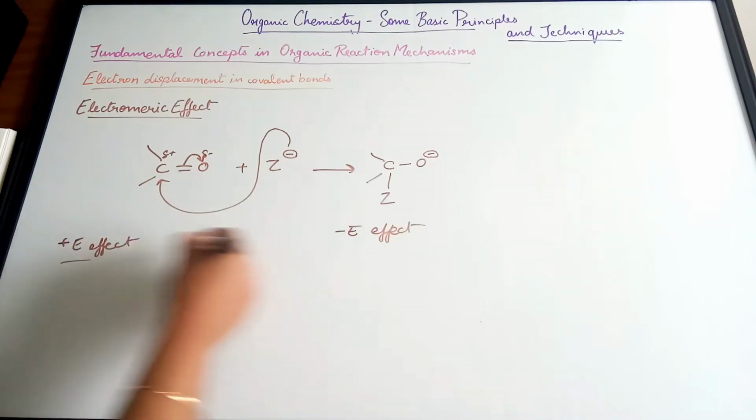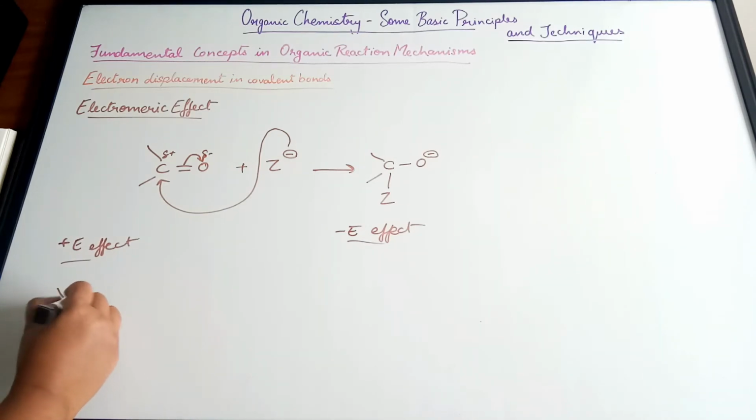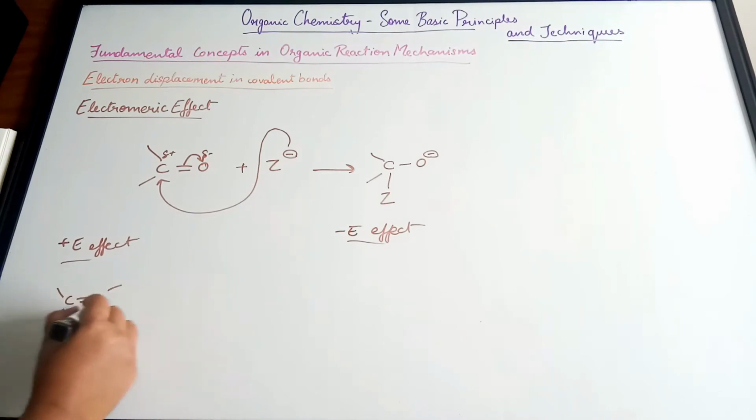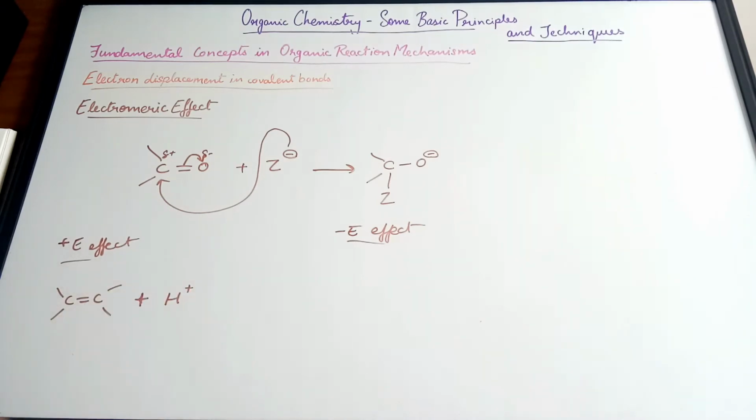So I will write the reactions for each of these, and then we will discuss what is the difference between the two, that is plus E and minus E. So here you have an alkene, so it has two carbon atoms. Let's assume H plus is the attacking reagent.